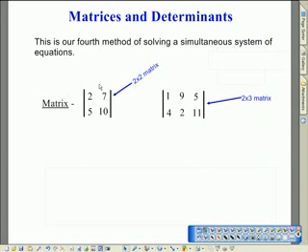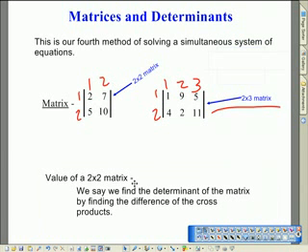This here is a 2x2 matrix. It has 2 rows and 2 columns. This is a 2x3 matrix. It has 2 rows and 3 columns. That's why they're called that. They're named by the number of rows and columns making them up.